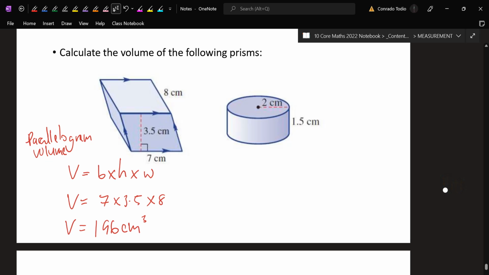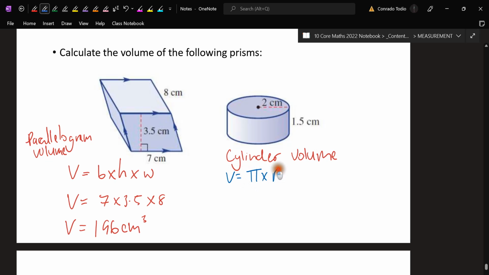Okay, for a cylinder volume, let's use another color. For this one, again, it's the same principle. Just find the area of that face and then multiply it by whatever the height or length is. So, anyone remember the area of a circle?